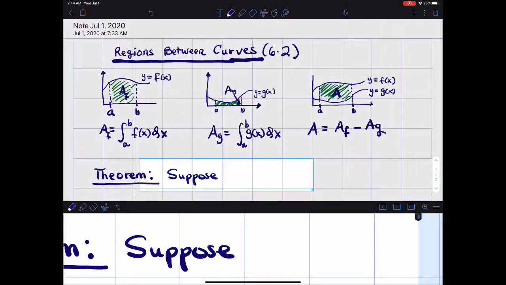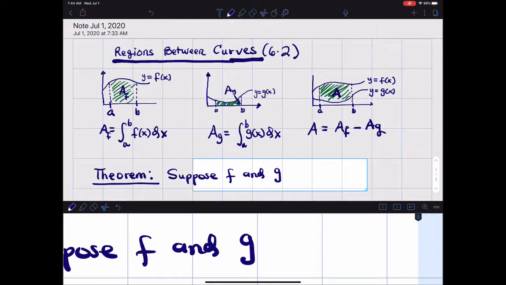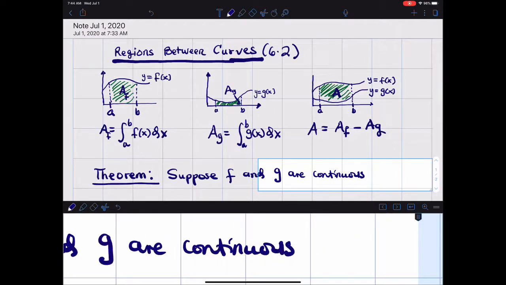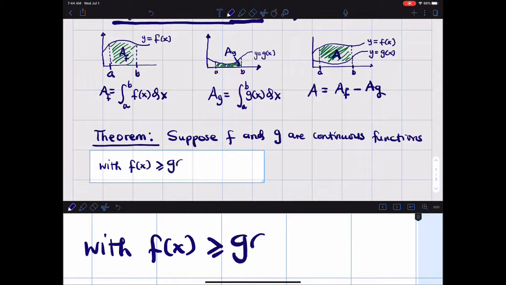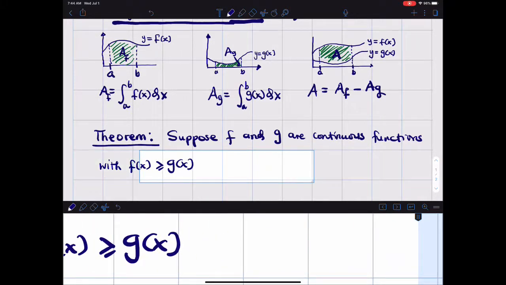Suppose f and g are continuous functions, just like in our examples, with f of x being greater than or equal to g of x on the interval a to b.